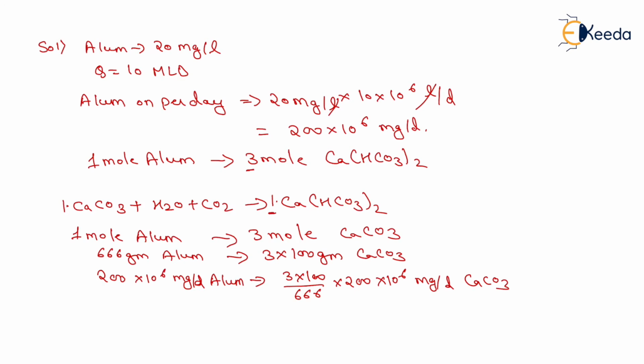If you solve all these values, that is 3 into 100 into 200 divided by 666, it comes out as 90 into 10 to the power 6 milligram per day CaCO3.